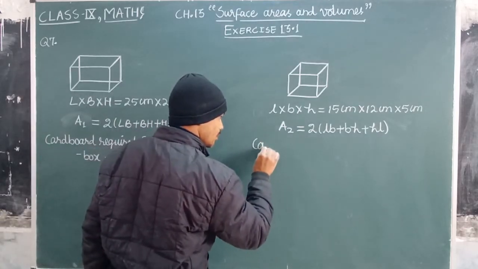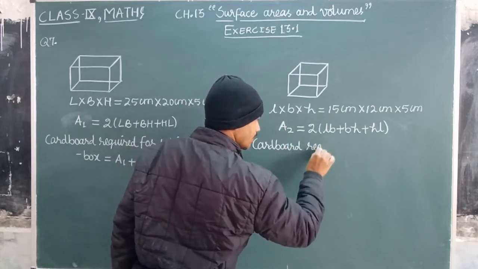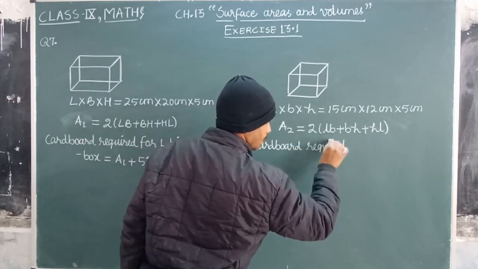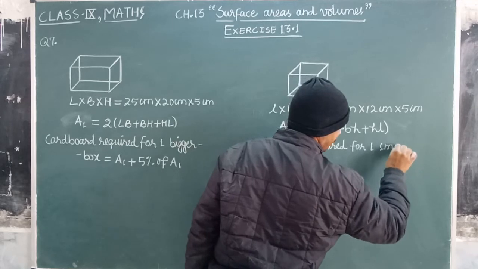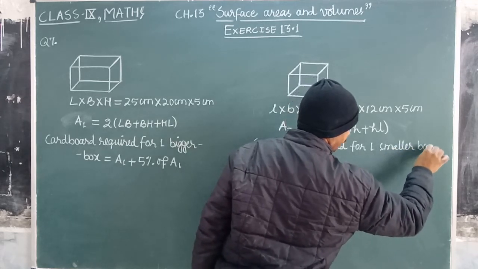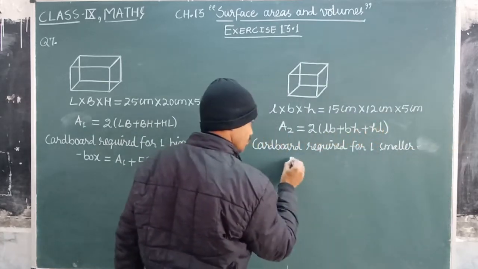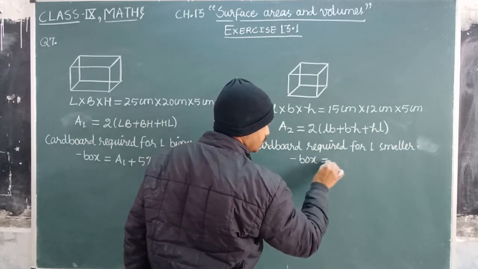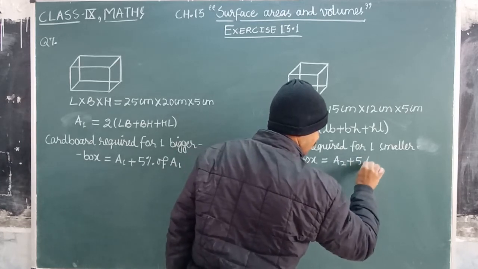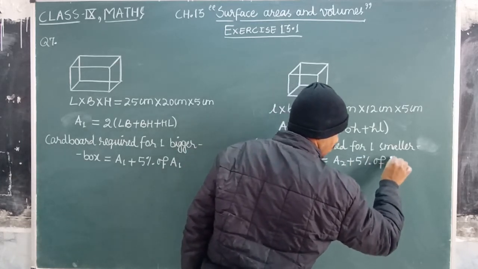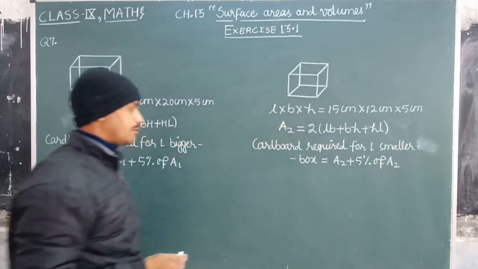Similarly, cardboard required for one smaller box equals A2 plus 5% of A2 extra. That is TSA plus 5% of TSA extra.